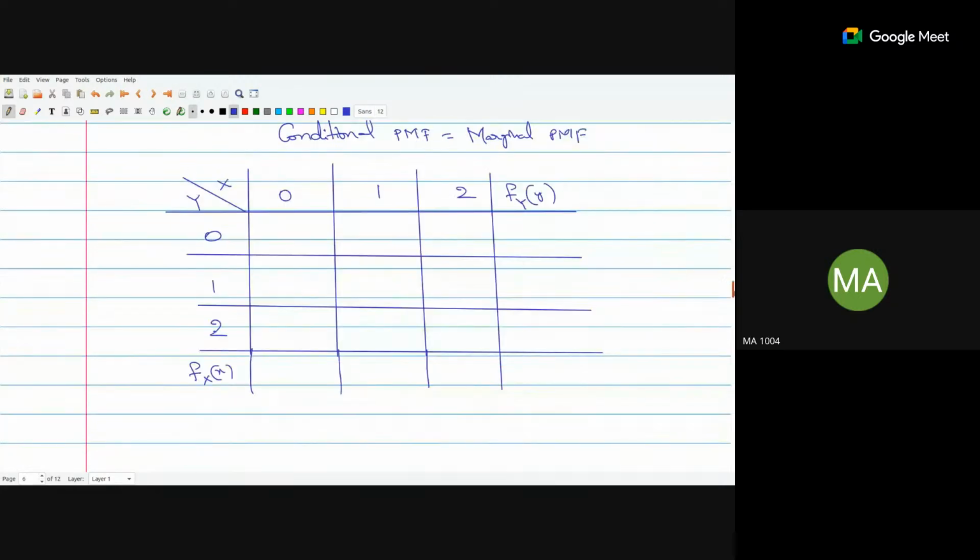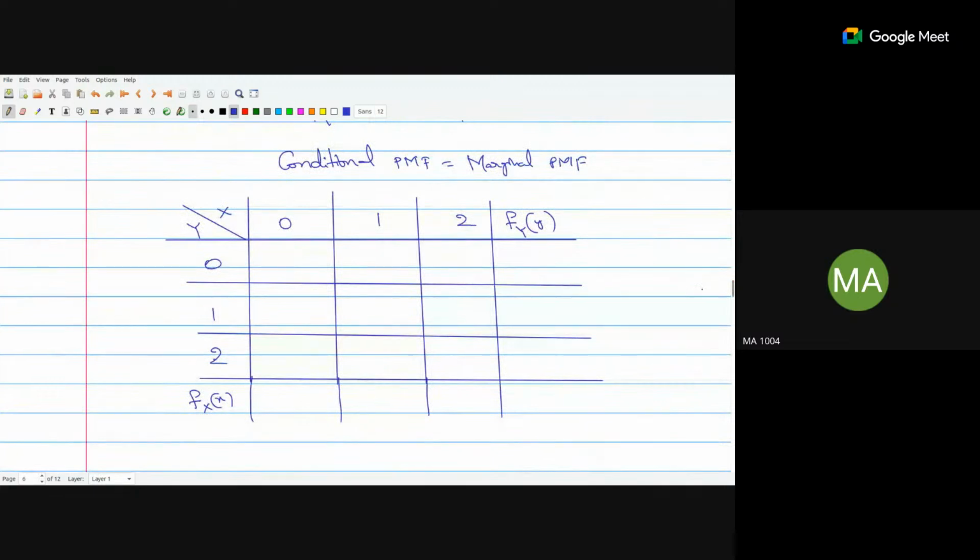Okay, so now let me take the values: 1/6, 1/12, 1/12, 1/4, 1/8, 1/8, 1/12, 1/24, 1/24. These are the joint PMF values we have.